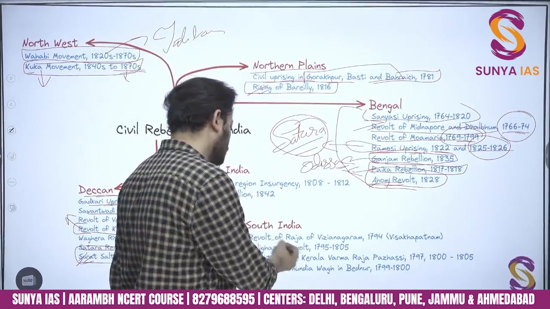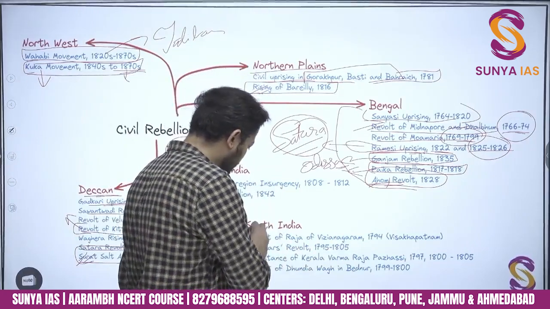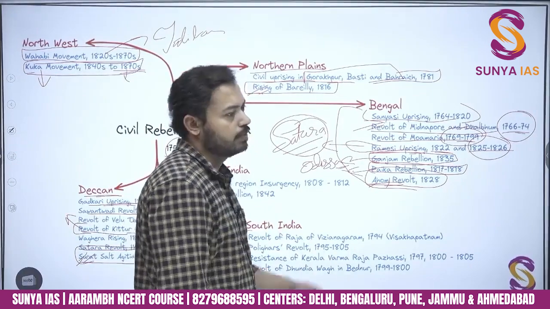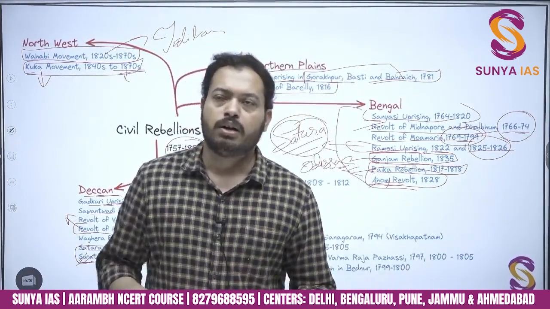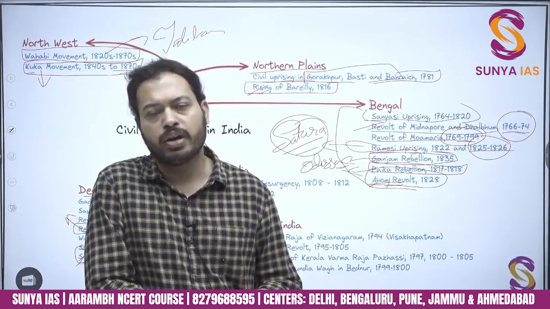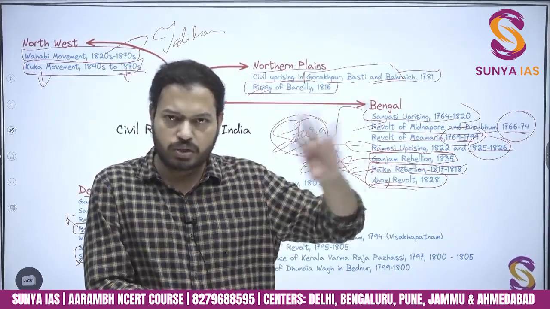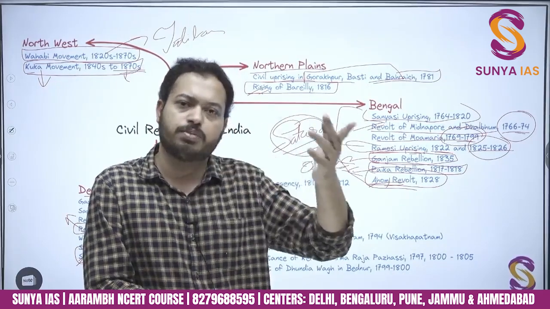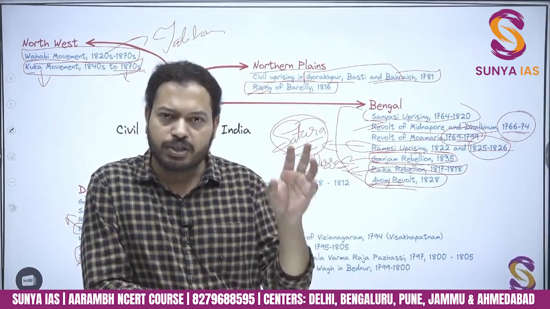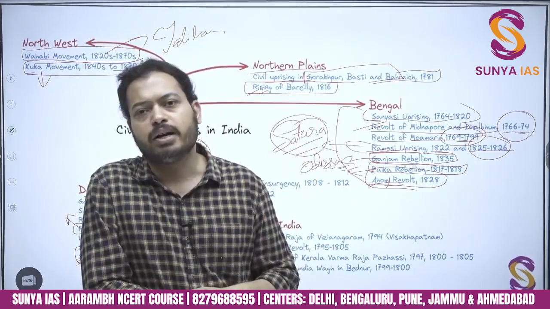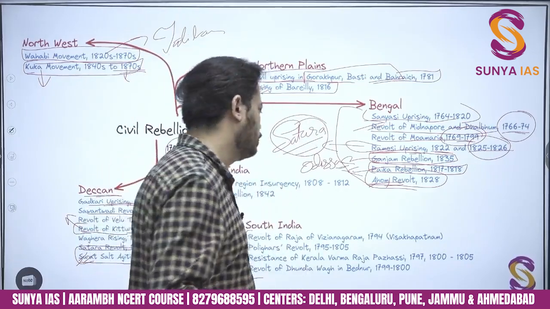Okay, so in South India, again, similar revolts. You will see that after 1792, the Travancore royal family signed a treaty with the British East India Company which was not a subsidiary alliance but very similar to one. And after that, when the British East India Company started increasing their influence in the region, the locals rebelled.